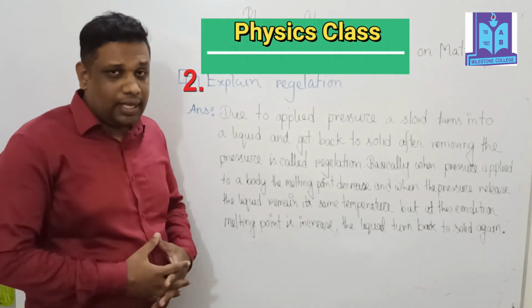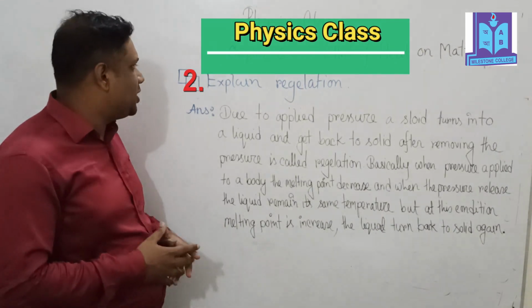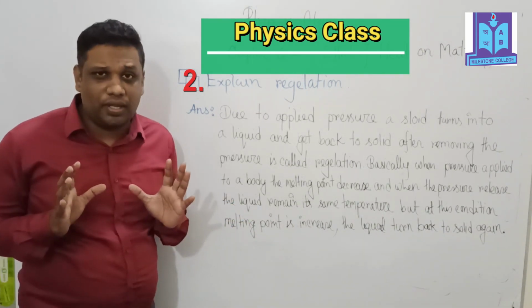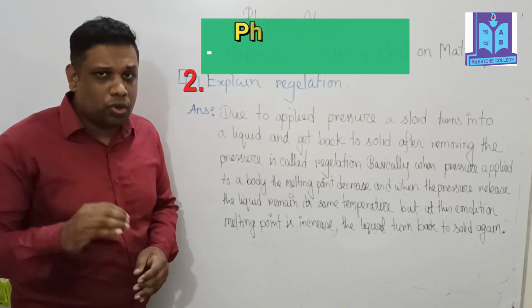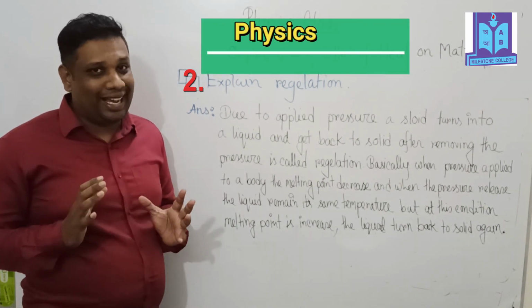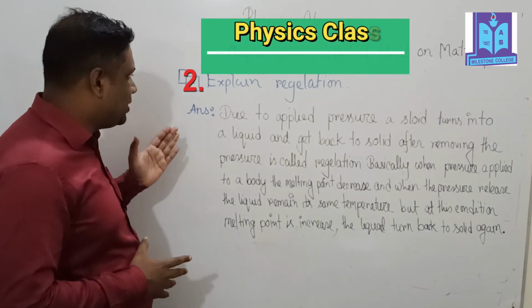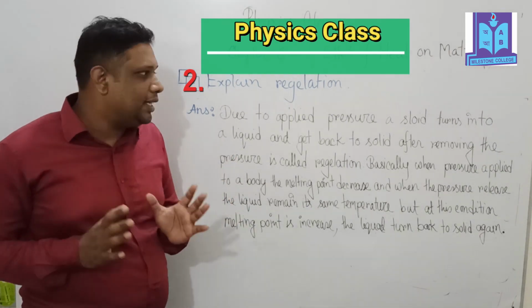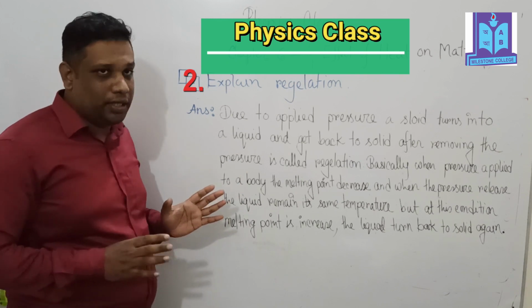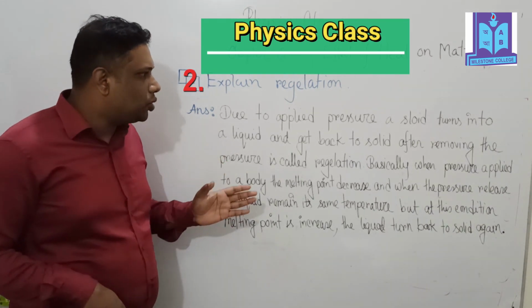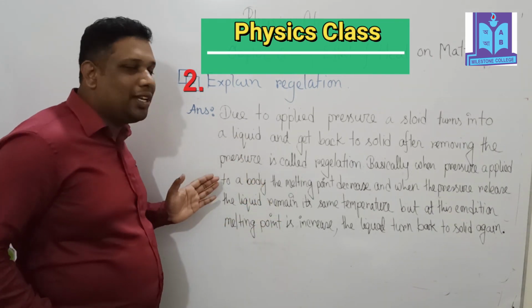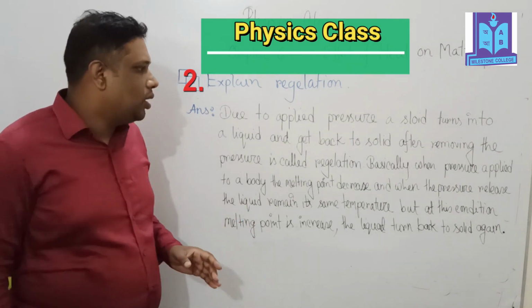So my dear students, this is our next question, which is explain regelation. It is a comprehensive based question, so we have to be very careful about our answers. So here is our answer. Due to applied pressure, a solid turns into a liquid and gets back to solid after removing the pressure, which is called regelation.